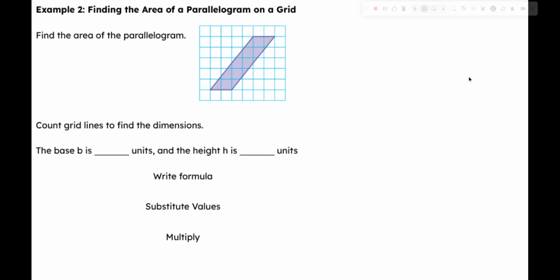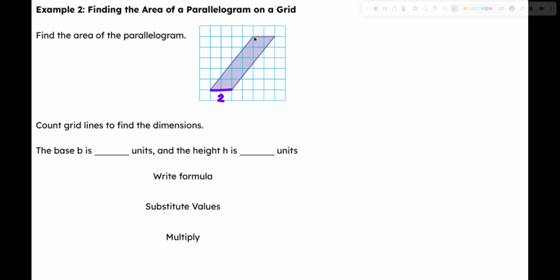Now, sometimes they give you a parallelogram on a grid, and they don't tell you what the base and the height are, so you have to count the grid lines to find the dimensions. The base is 1, 2. So right there, the base is 2.